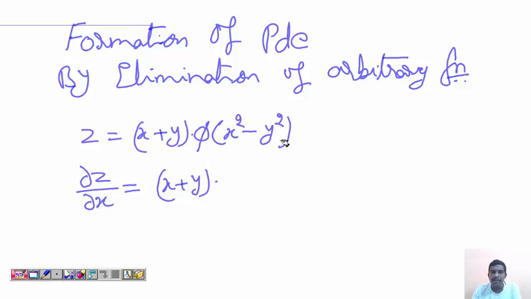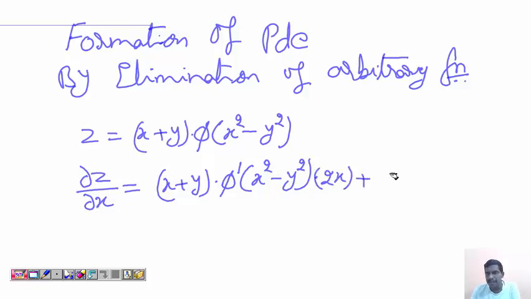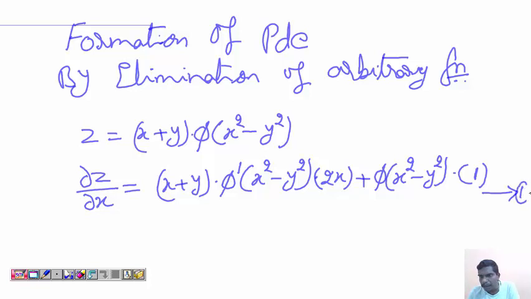Differentiation of phi of x square minus y square means this is phi dash of x square minus y square into the inner differentiation, x square minus y square with respect to x, that is 2x, plus we keep the second function as it is as a product rule, x square minus y square into differentiation of the first function x plus y with respect to x, it is 1. And now we call this equation number 1.